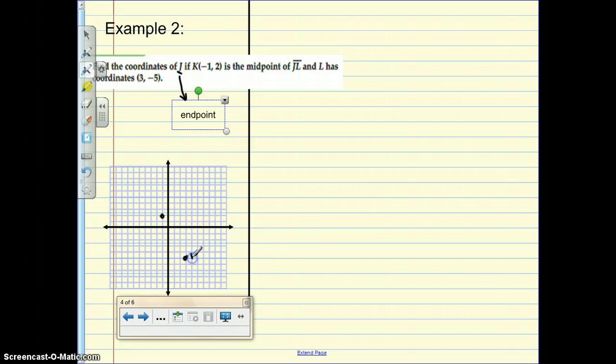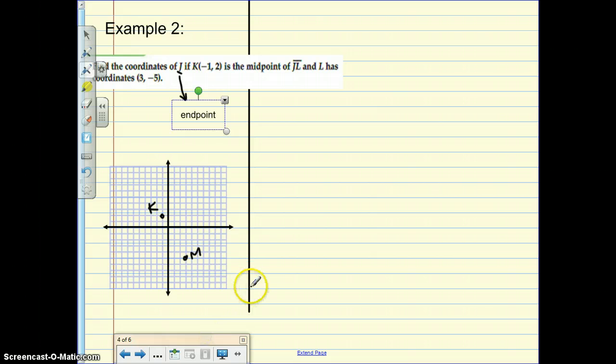So this is the midpoint. This is one of the endpoints, and we know that the other endpoint is going to be probably somewhere down here.